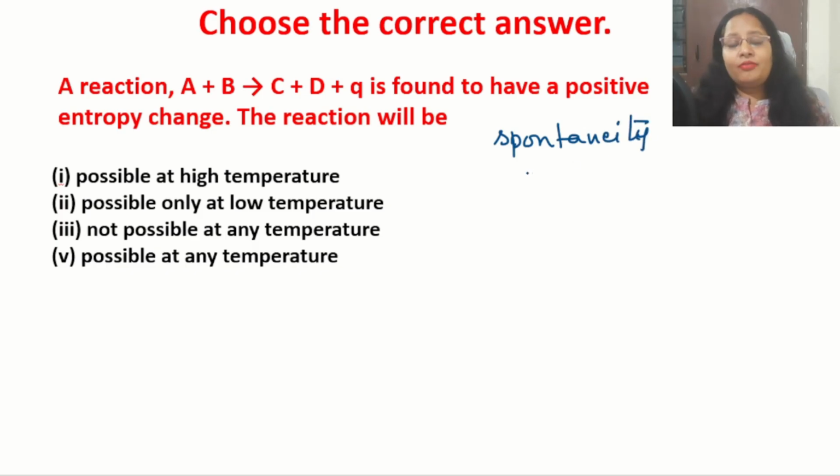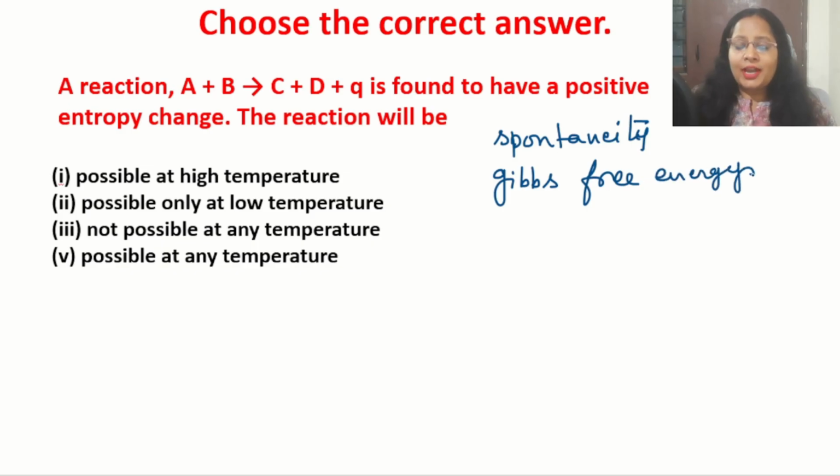If we check the spontaneity of the reaction, we are able to tell the possibility. And to check the spontaneity of the reaction, we need to check the Gibbs free energy of the reaction.